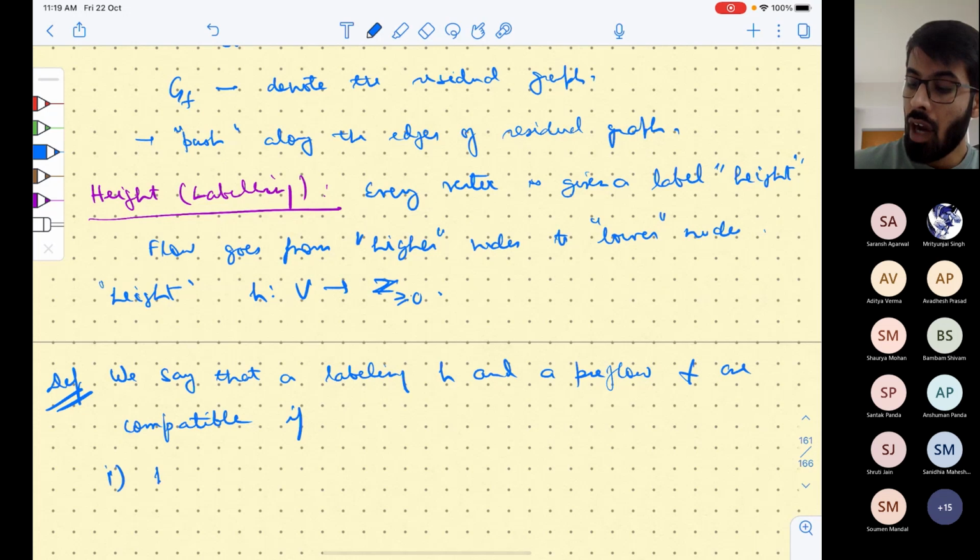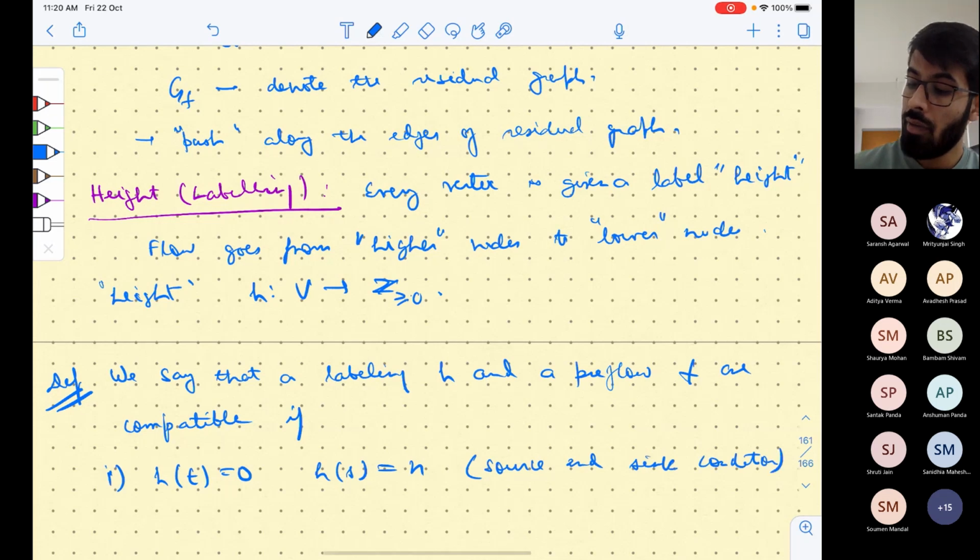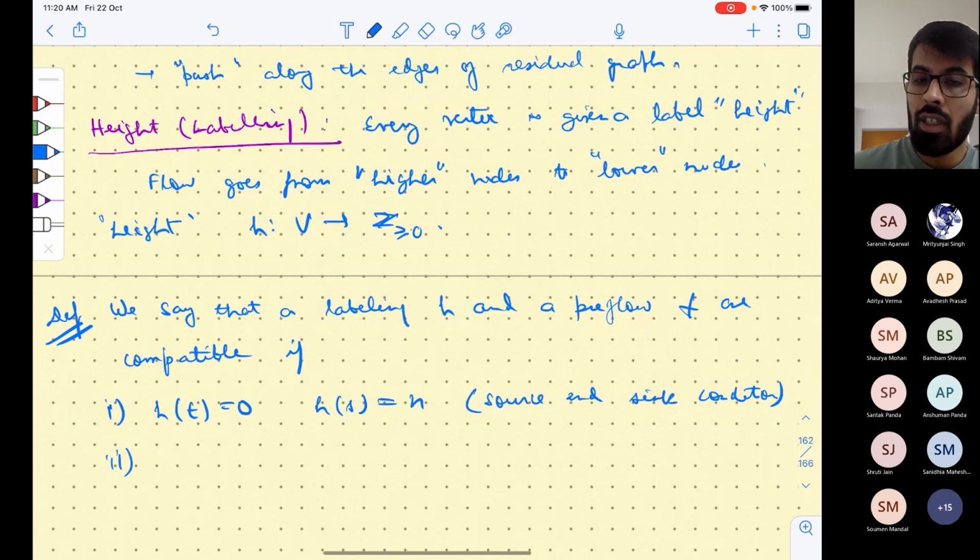First, the height of t is equal to 0 and the height of s is equal to n, right? So this is called the source and sink condition. And the second one is called the steepness condition.